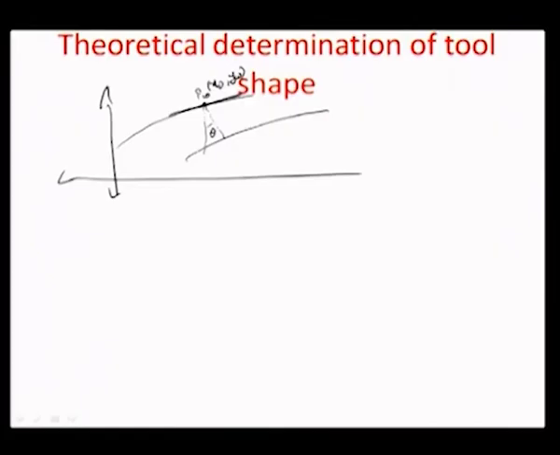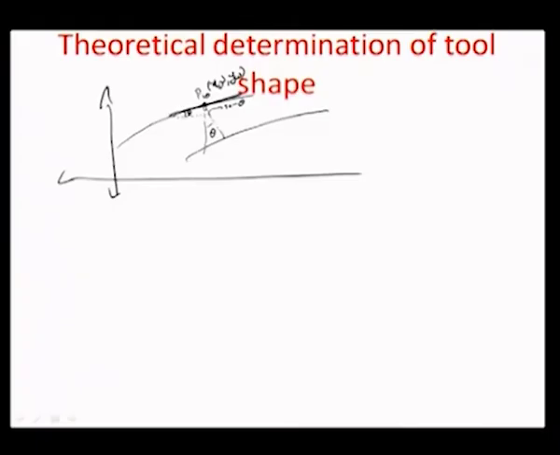So, if I were to find out whether tan theta is dyw by dxw here, you see if this is theta, this becomes 90 minus theta, okay, and this becomes theta, right.